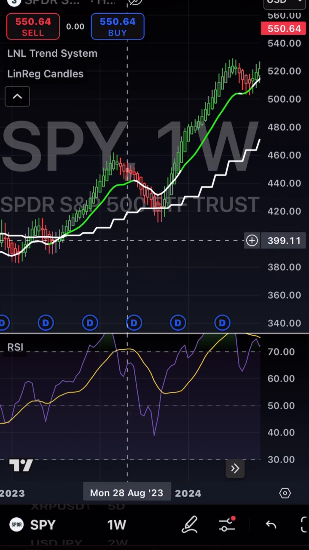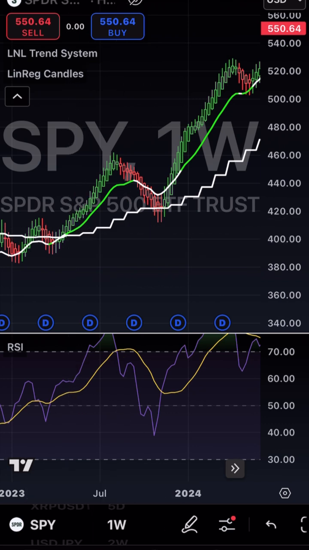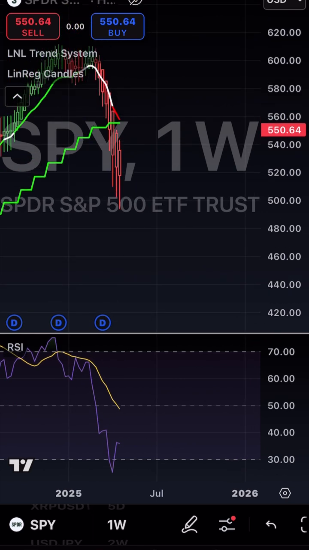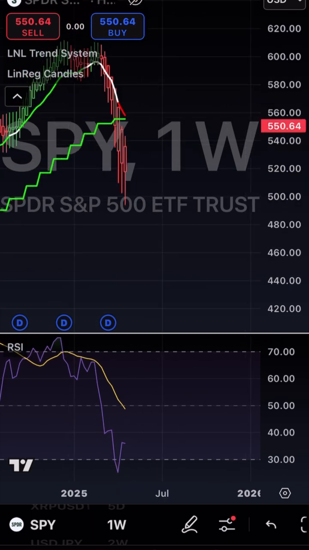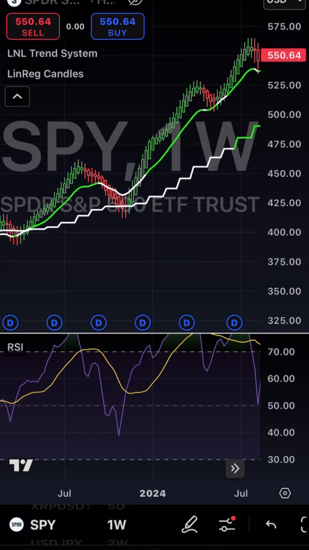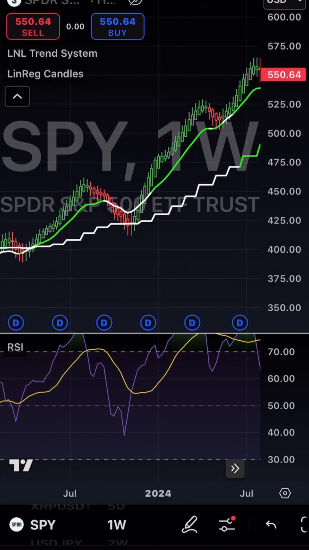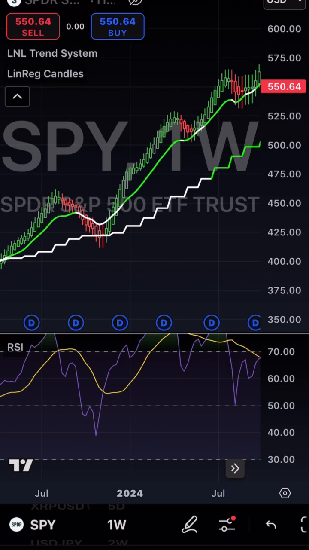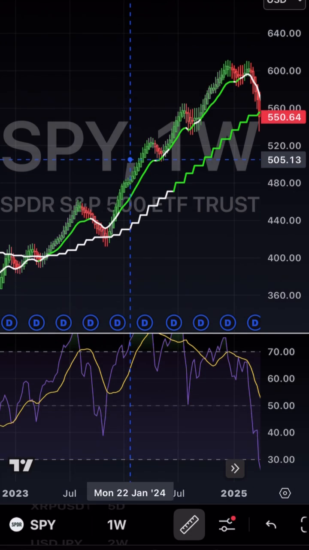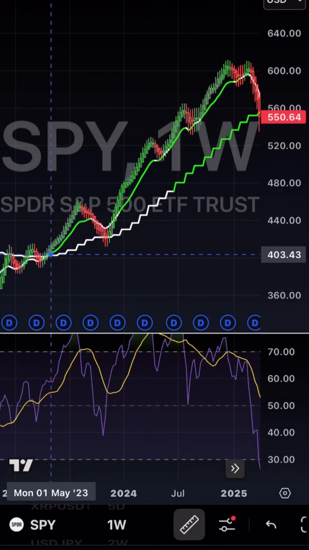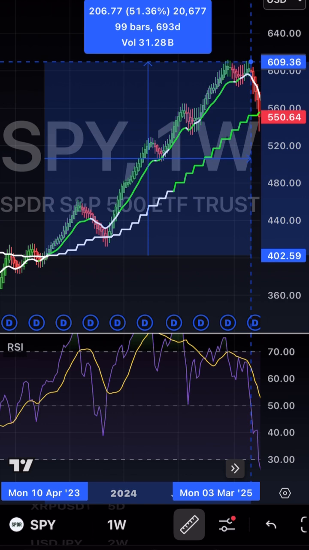But if you notice all the crossing points on the weekly, you got this one right here, which was a while, and it looks like it might cross down. So it's very important because it is now ending a very long bull cycle here, because from this point on up to here it's been bullish.